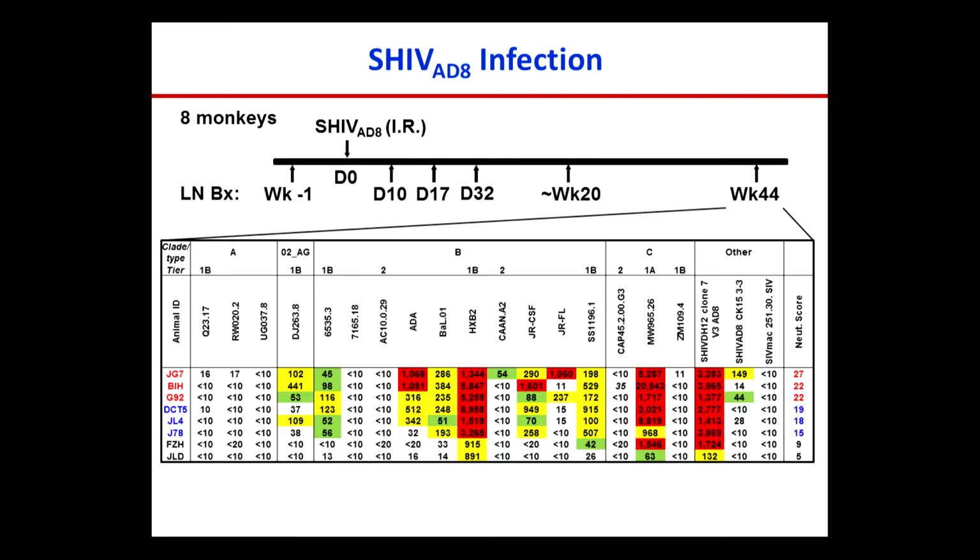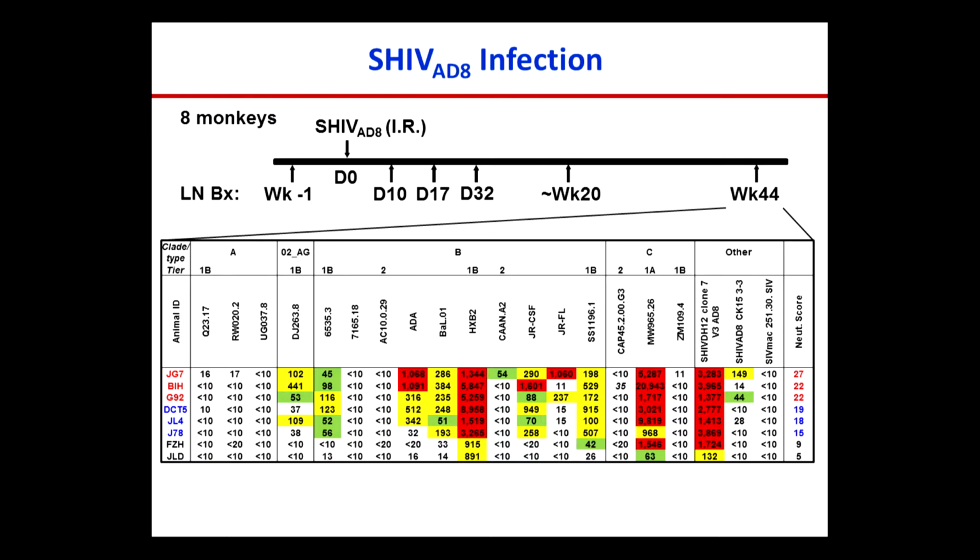So we tested the serum at week 44 against a number of different viruses shown here, and if they had high titers, those are shown in red, medium titers in yellow, low titers in green, or absent. We could basically total up all of the neutralizing titers against all of these different viruses and come up with a neutralization score. The higher the number, the more broad and potent the neutralization is.